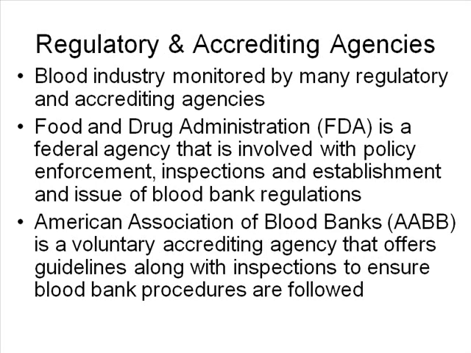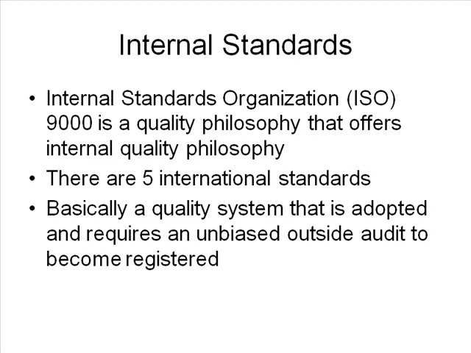Okay, now remember, I already went over FDA. The AABB is a voluntary accrediting agency, but most labs are also part of the AABB system. All right. Now, here's where we're going to look at the labels because this is something new. The ISO, they basically have looked at the standard of practice for blood banking to actually look over the regulatory and the safety effects, or how to improve that with blood banking.